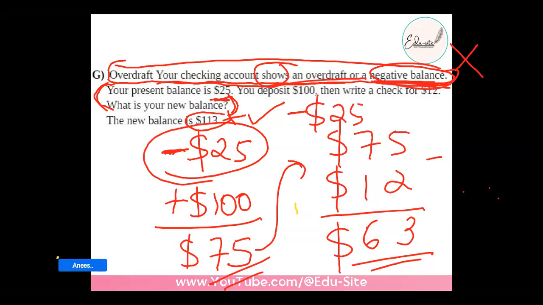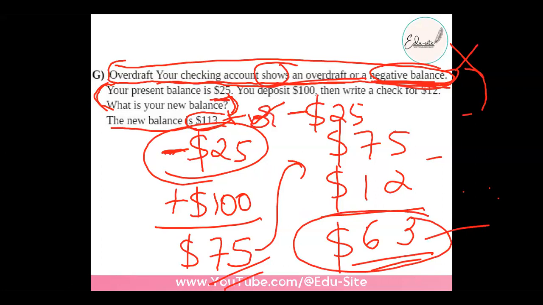So the actual answer to the question is $63. You can write the new balance is $113 or $63. When your teacher asks, you can ask whether you are going to write minus 25 or plus 25. The question should have minus 25 in it. So this would be the other answer.